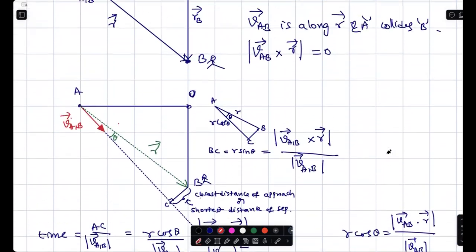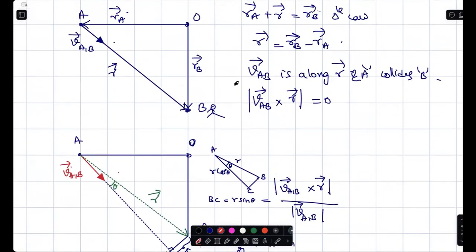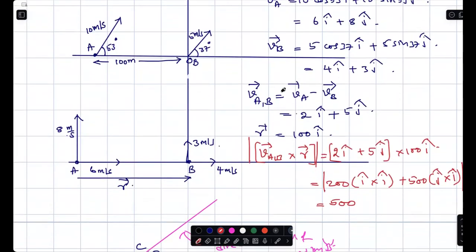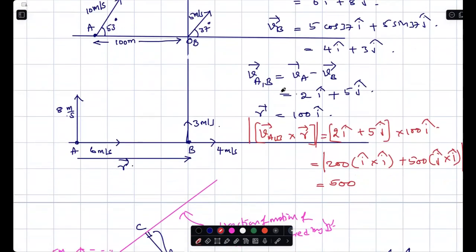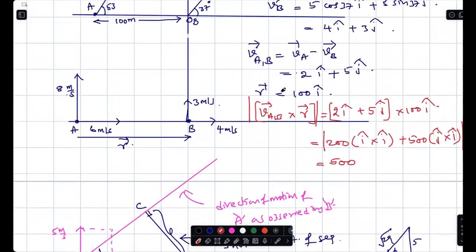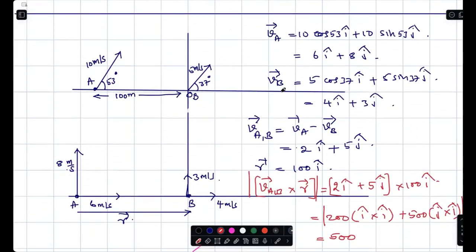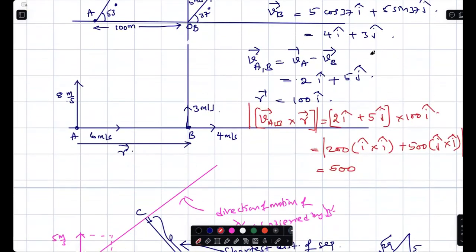What is the condition for collision? This must be 0. This is not 0 now. So no collision is taking place. Then more point is magnitude of VAB. What is the magnitude of VAB here? Under root 4 plus 25, root 29.